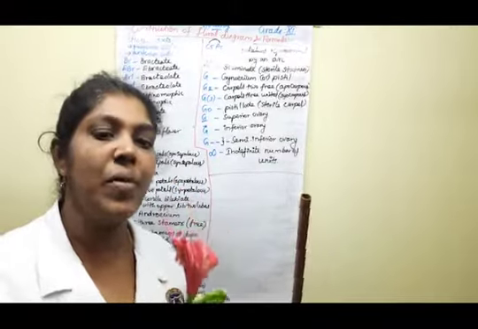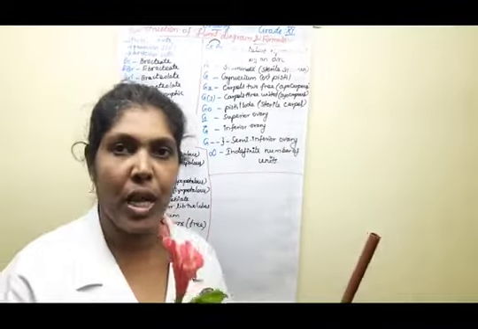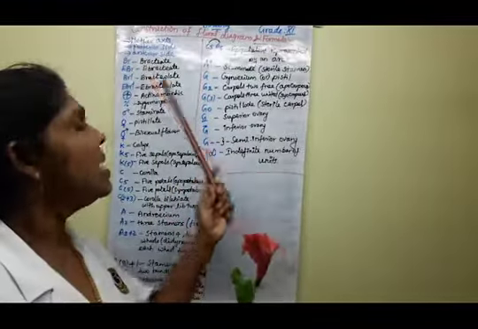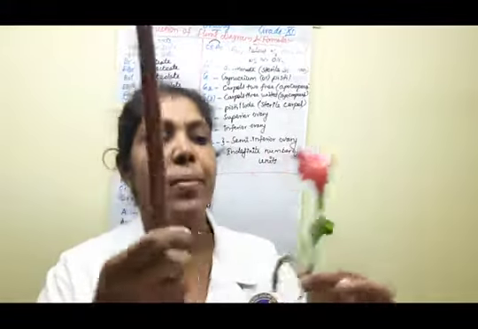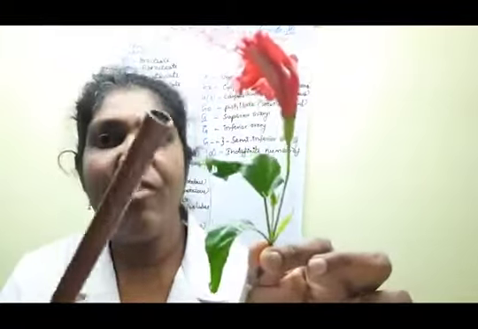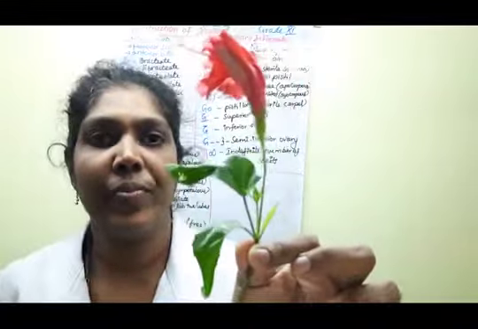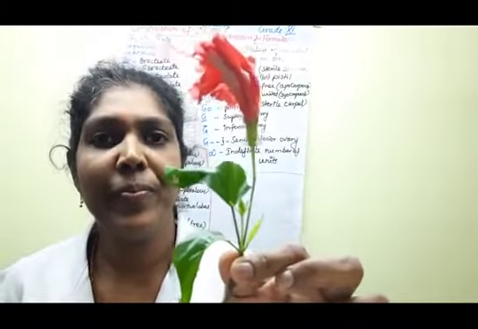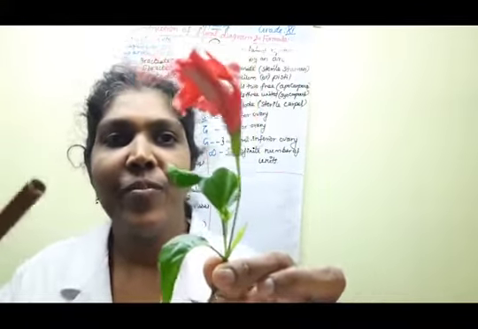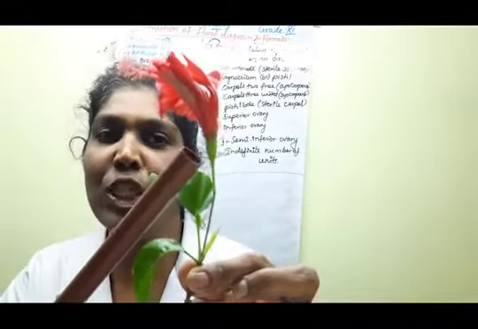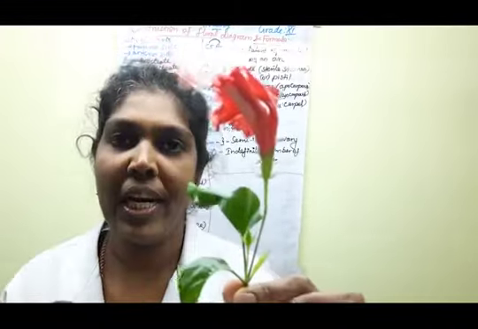Next we are moving on to bracteoles. Understood? The next term is bracteole. I will show you this flower, children. Where is the bracteole present? Have you identified it? Yes. Where is that region? Very good, so this is the bracteole. Clear, children?